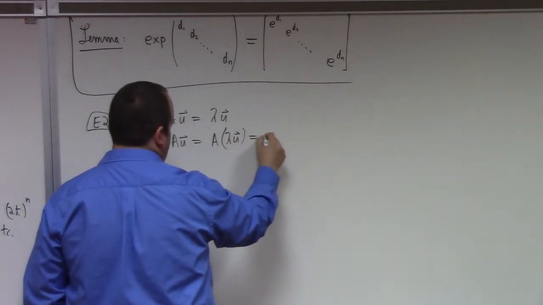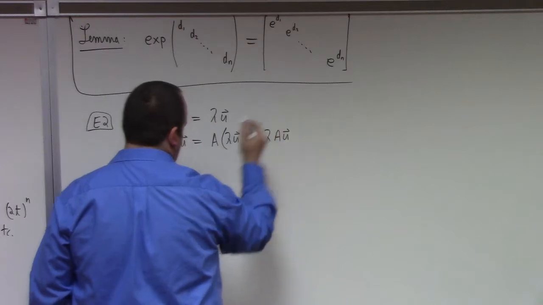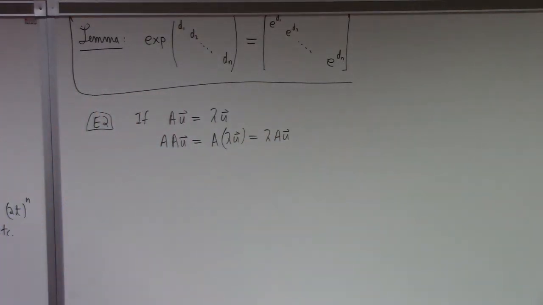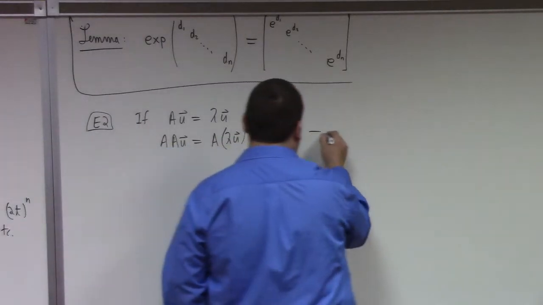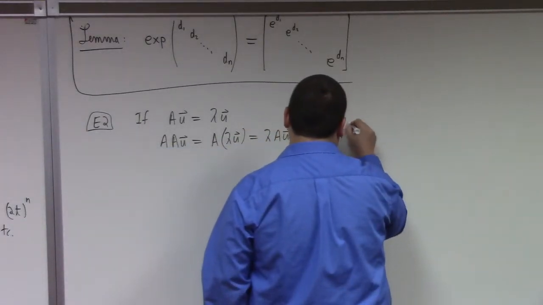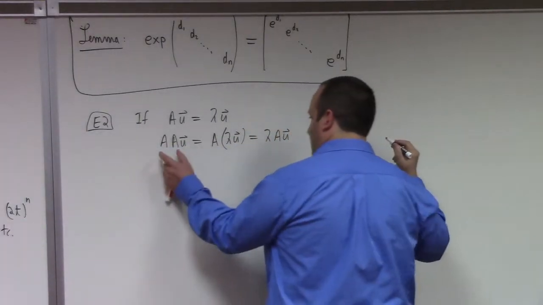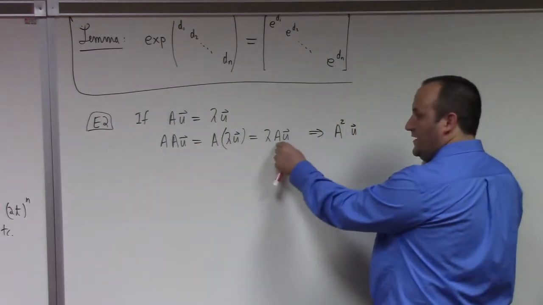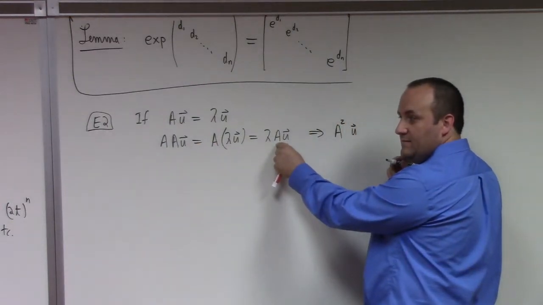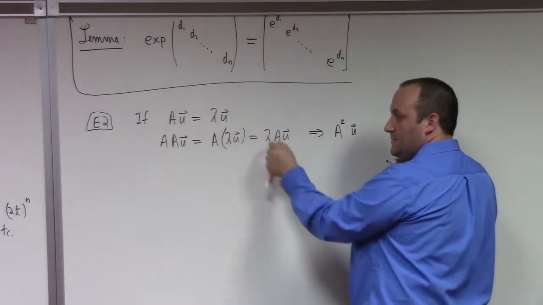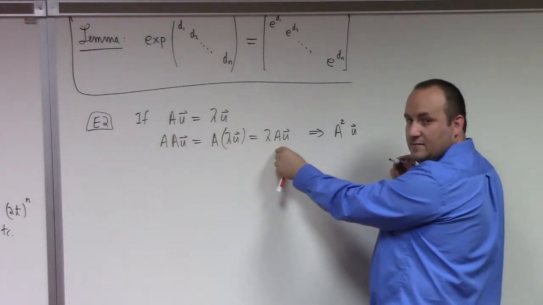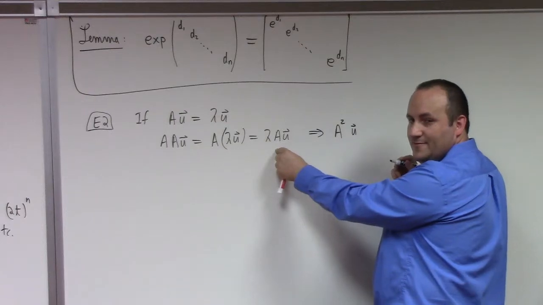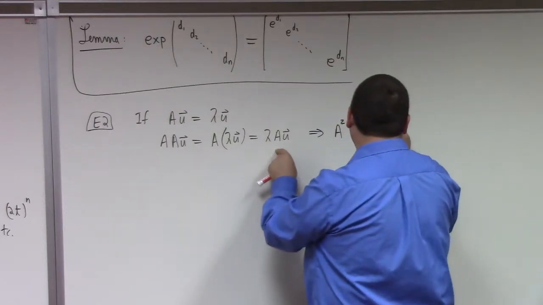Lambda is a constant, so we can pull it out. I have A squared on the left-hand side. What happens when we hit Au again? We get lambda lambda u. What's that also known as? Lambda squared u.